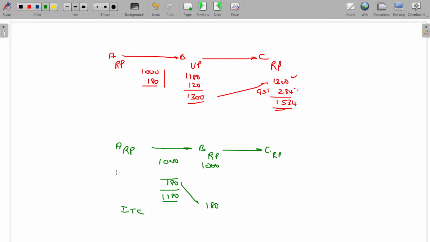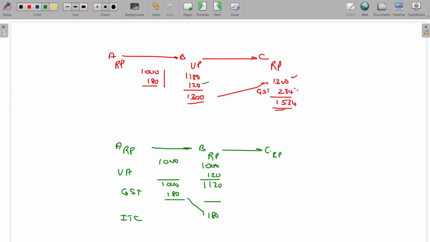What is the value added by B? 120. So 1120. This is the GST, and he can claim the ITC here.